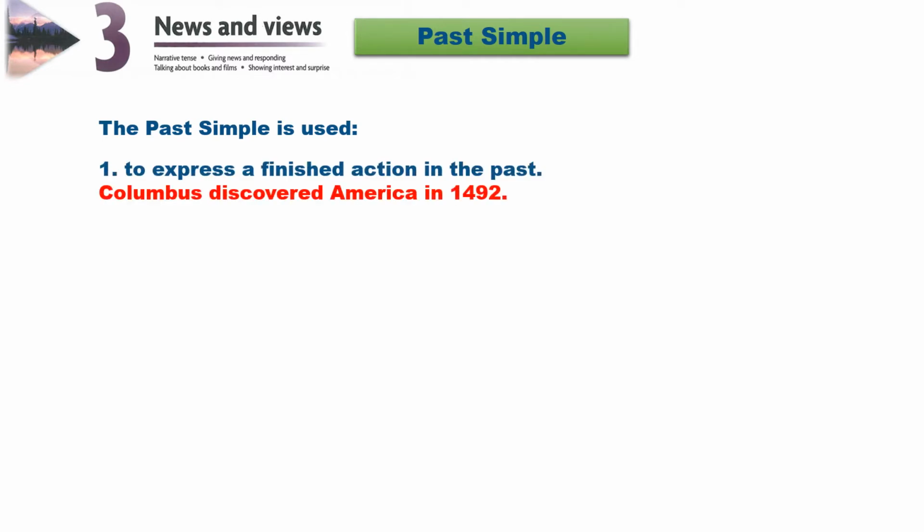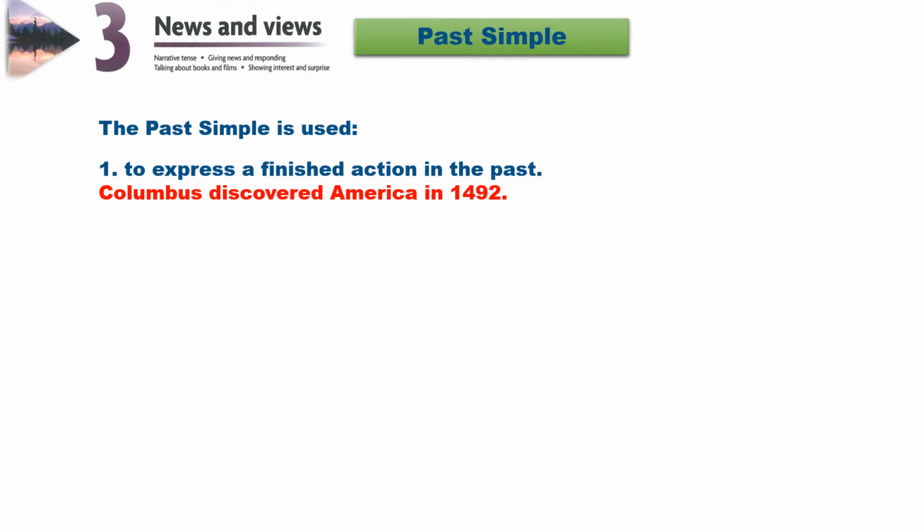Now we are going to talk about each tense in more detail. Let's start with the past simple. Past simple is used to express a finished action in the past. As we mentioned earlier, when we talk about something that happened in the past or somebody did something in the past and that action is already completed or finished, we will use a past simple.